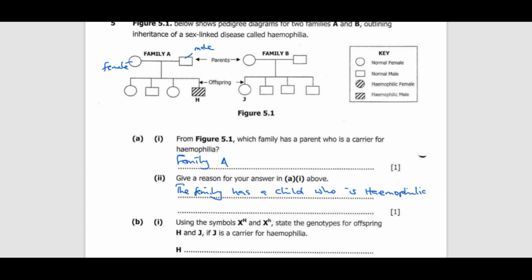The family has a child who is hemophilic. Hence, the gene was passed on by a carrier.